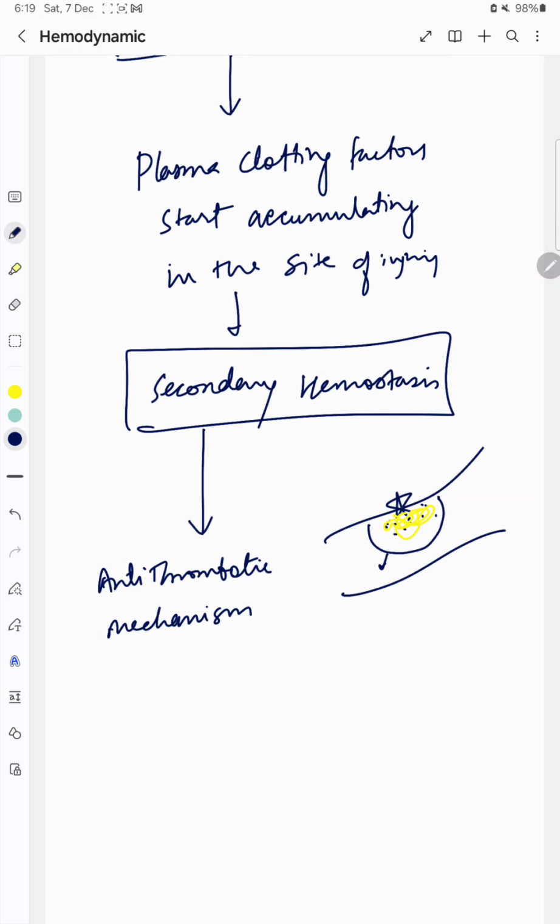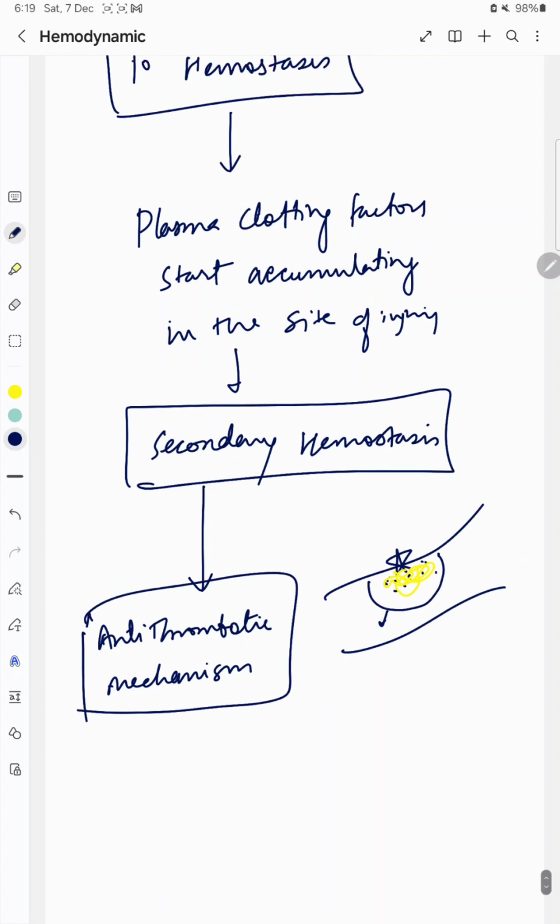So they contain the clot at the site of injury and prevent the propagation of the clot or thrombus elsewhere. So this is the last step of hemostasis.